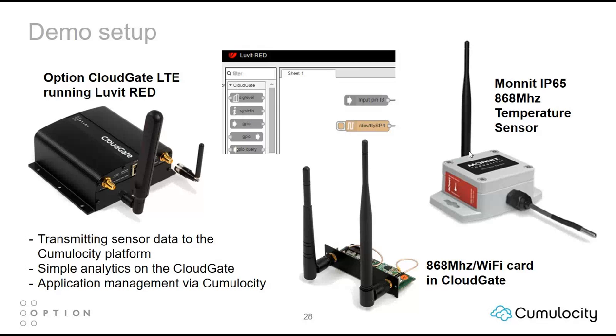So we're going to look specifically at how we might get some sensor data in from a temperature sensor, transmit that sensor data to the Cumulocity platform, then do a little bit of simple analytics on the actual Cloudgate, looking at thresholds and alarms, and then finally look at how we might start to control what's happening within that analytics flow, the flow that's running on the Cloudgate, from the Cumulocity platform.